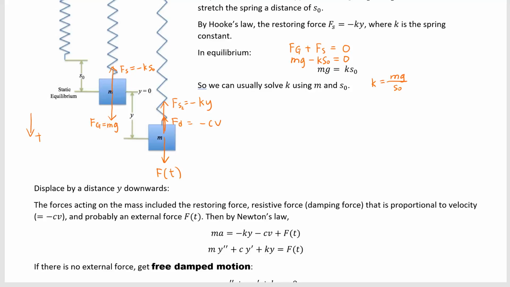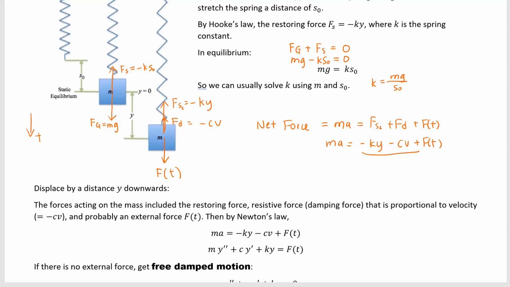Okay, so here by Newton's law, we know the net force equals ma. So the net force equals ma, and what other forces do we have? We have the spring force, we have the damping force, and we have the external force. So ma equals negative ky minus cv plus F of t.